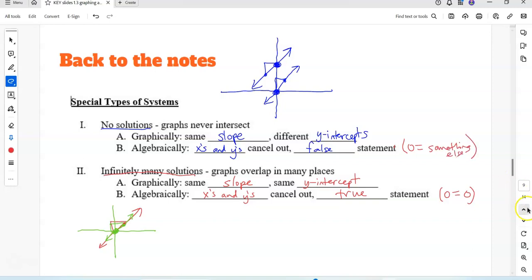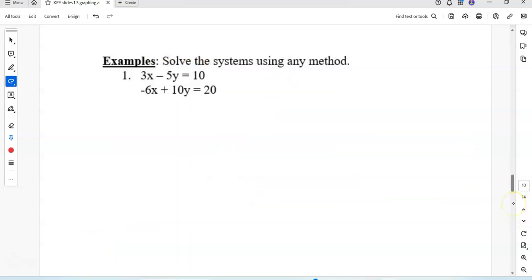And so now let's try an example. Let's say I had this system, and we've talked already about how to use elimination and substitution. So what would you use here? If you are like me, you'd probably use the elimination method. Now we have to pick a variable to eliminate. I'm going to choose to eliminate my x's.